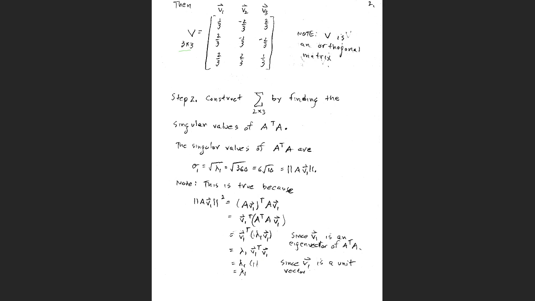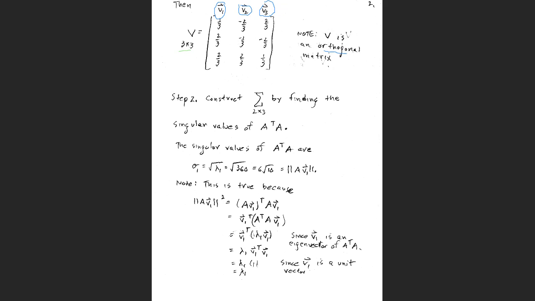And we note that V is an orthogonal matrix because the columns V1, V2, and V3 are orthogonal. Are these columns orthogonal? They are, absolutely.